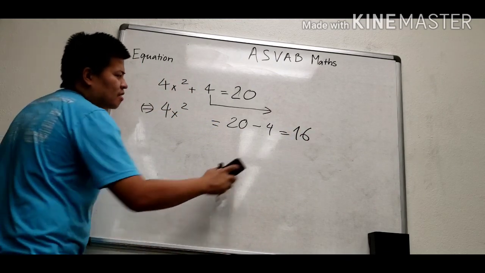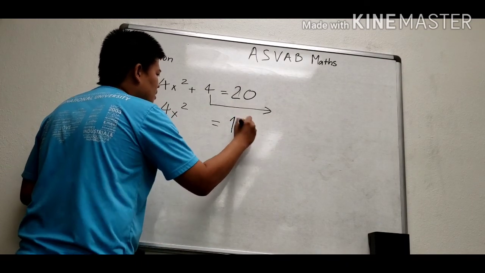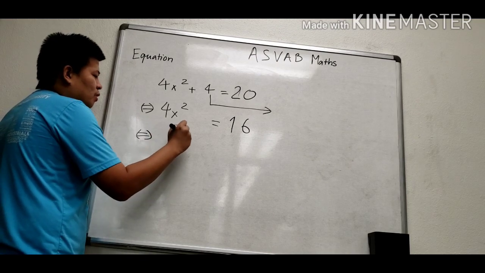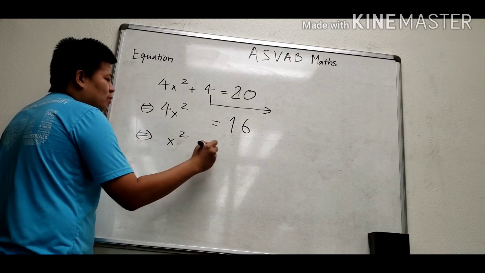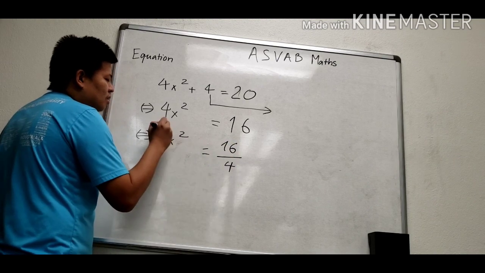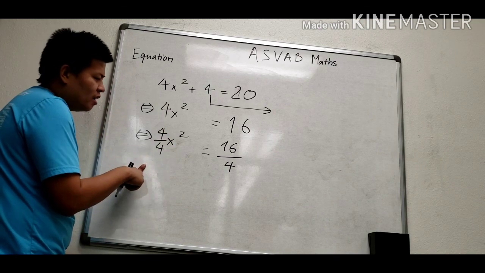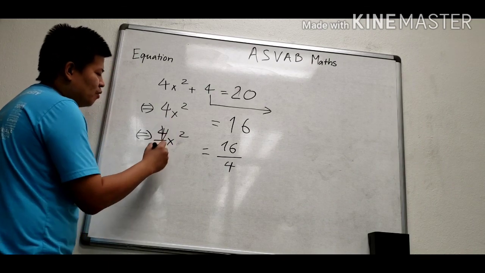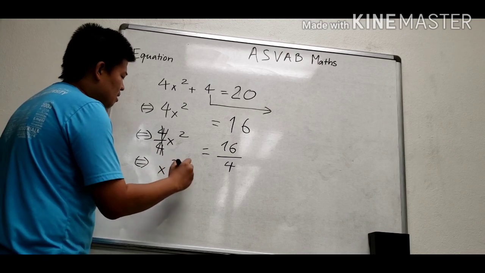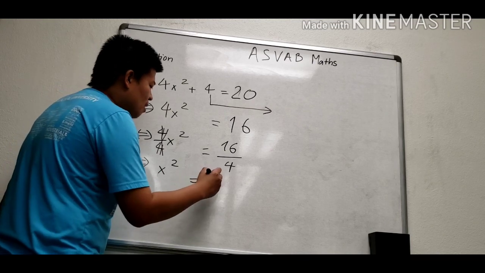After we calculate 16 in here, we get s power 2 equal to 16 divided by 4. We divide by 4 on both sides together, so that we eliminate number 4 in here. We have s power 2 equal to 16 divided by 4, which is about 4.